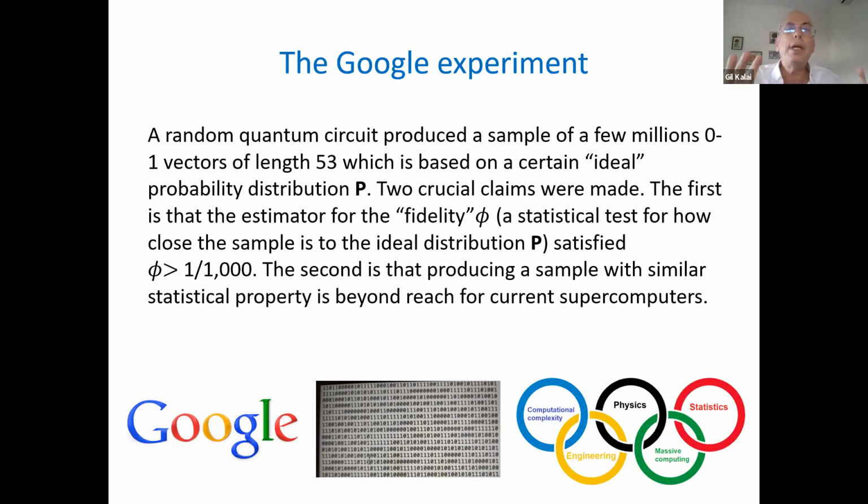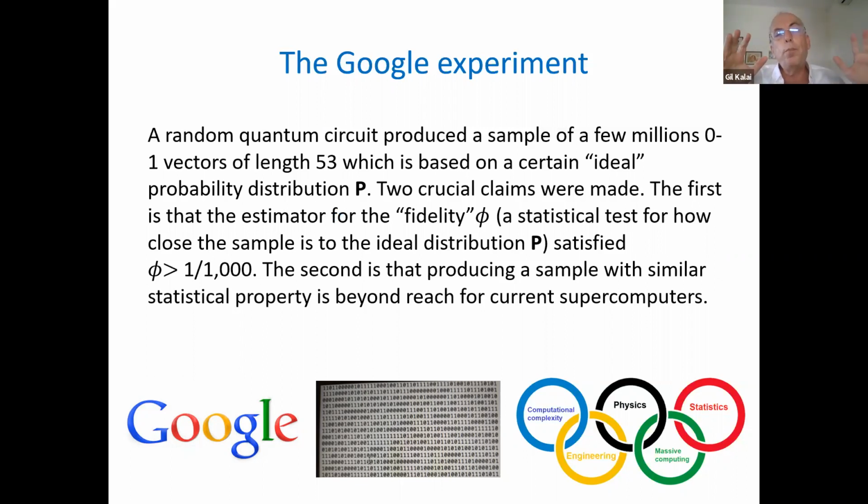And this sample is based on a certain ideal probability distribution P. And there are two crucial claims that were made. The first was that the fidelity, the statistical test for how close the sample is to the ideal distribution, is sufficiently large, larger than 1/1000. And the second claim was that producing a sample with similar statistical properties is beyond reach for current supercomputers.